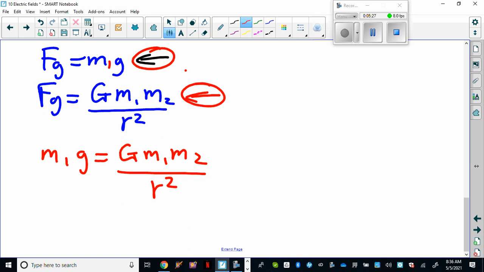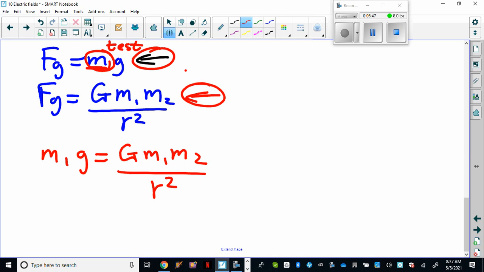And remember that this m1 is really the test mass. So let's say I'm trying to figure out the gravitational force between me and the planet Earth, right?